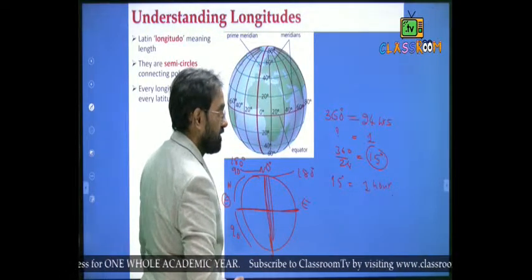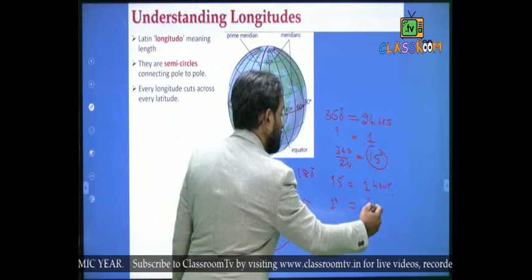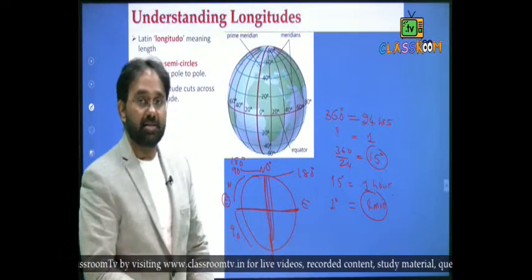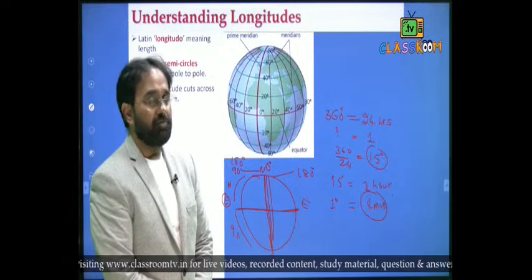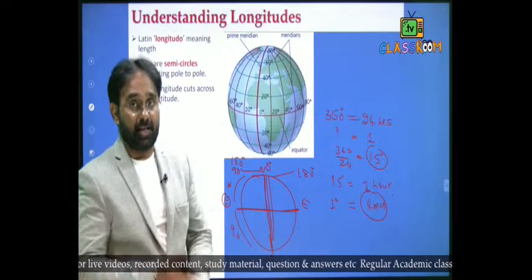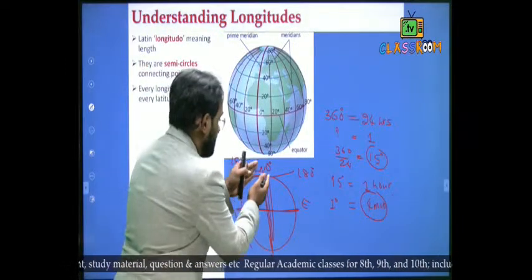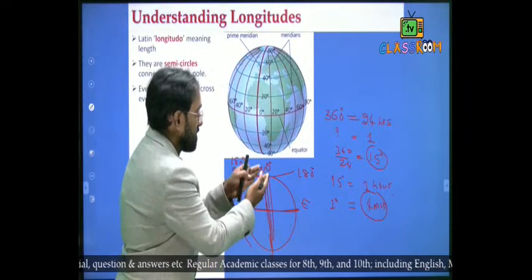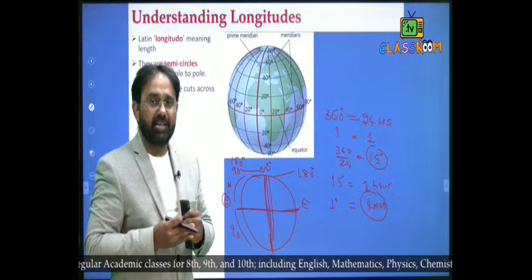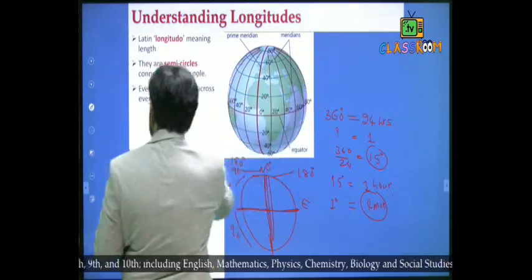And 1 degree is how much? 1 degree is 4 minutes. For every 1 degree of rotation, it takes 4 minutes of time. So here comes the calculation again. What is the calculation here? Here, for India, for example, it is 0 degree longitude, and whenever you see it in any representation, you will see that our time is represented like this.